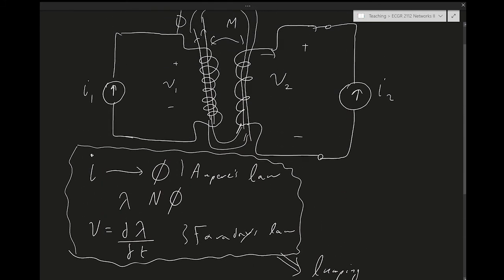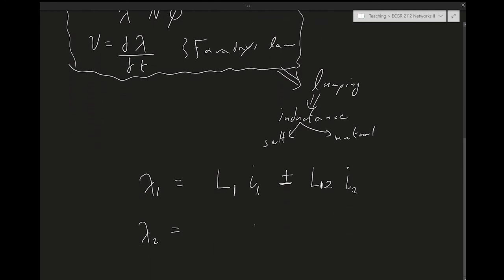Flux linkage at coil 2 is again a function of I1 or I2 or both. How it depends on I1 depends on the mutual inductance on coil 2 from coil 1, again positive or negative, dependent on how the coils are configured, plus L2, the self-inductance of coil 2.